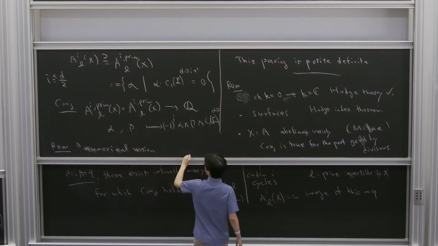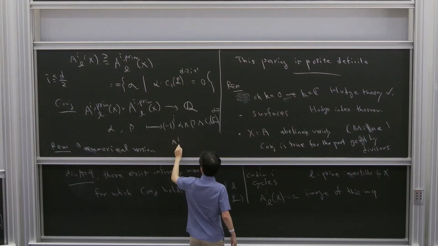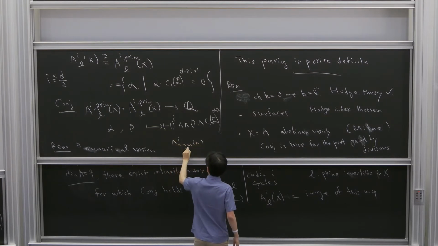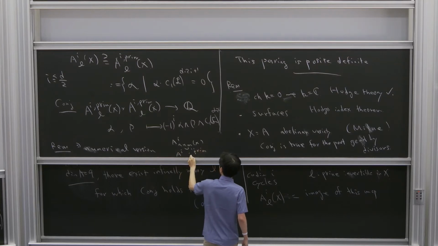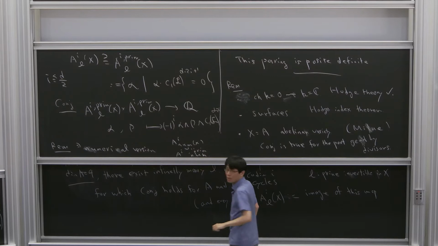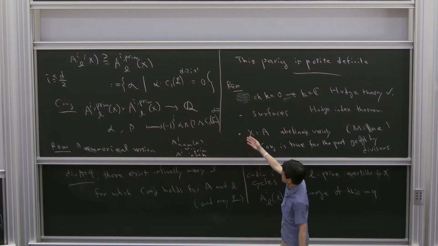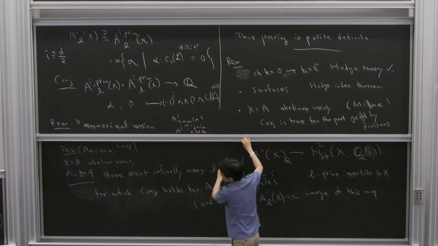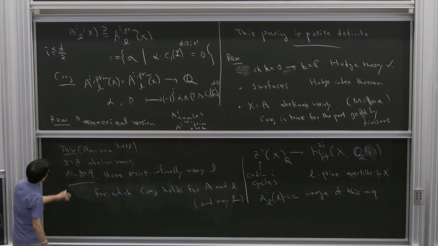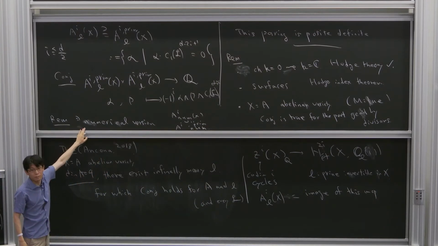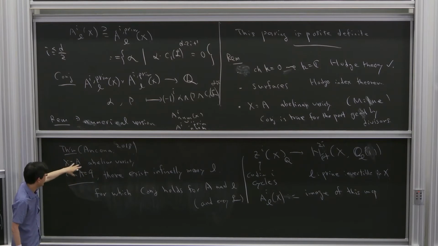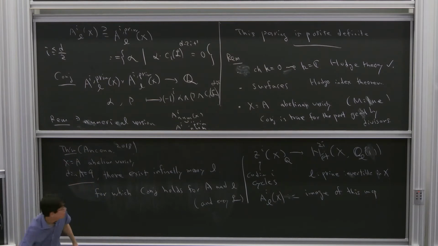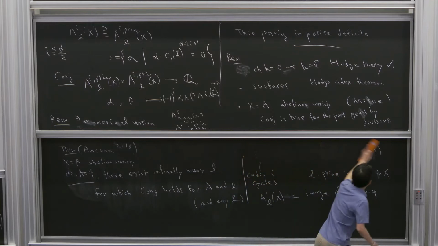You can consider numerical cycles and primitive ones, and the conjecture is that the similar pairing is positive definite here. And what Ancona really proved is that this numerical version is true in this case. So maybe I write that.